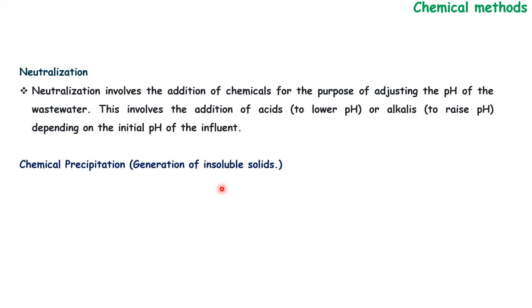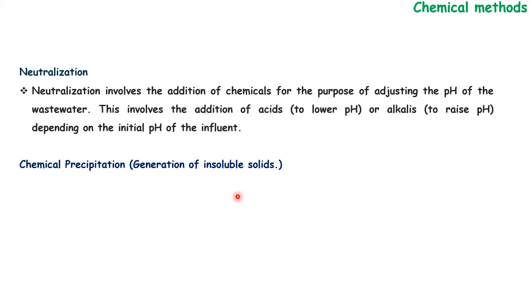In chemical precipitation, we generate insoluble solids. There are some solids as well as toxic chemical elements dissolved in the water, and it is very hard to remove them. At the same time, if that water is released with the same dissolved harmful toxic substances, it will again create a harmful situation for the natural environment.